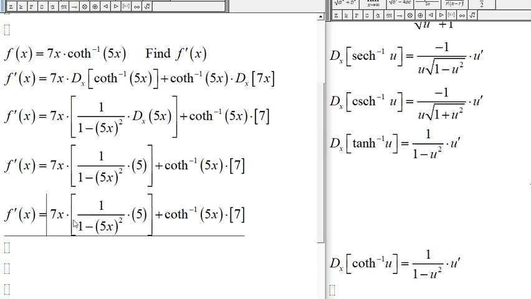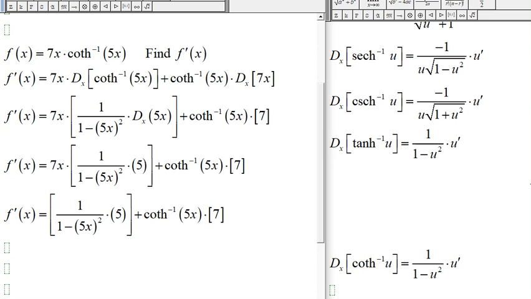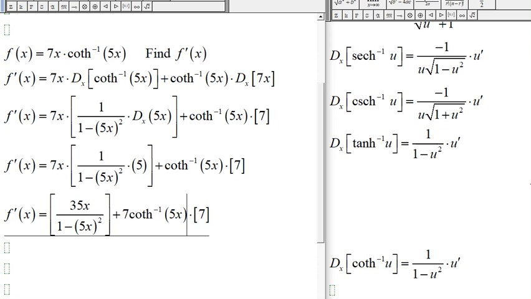And so altogether, 7x times 1 times 5 will be 35x. And then we can put the 7 right here. And this is the answer.